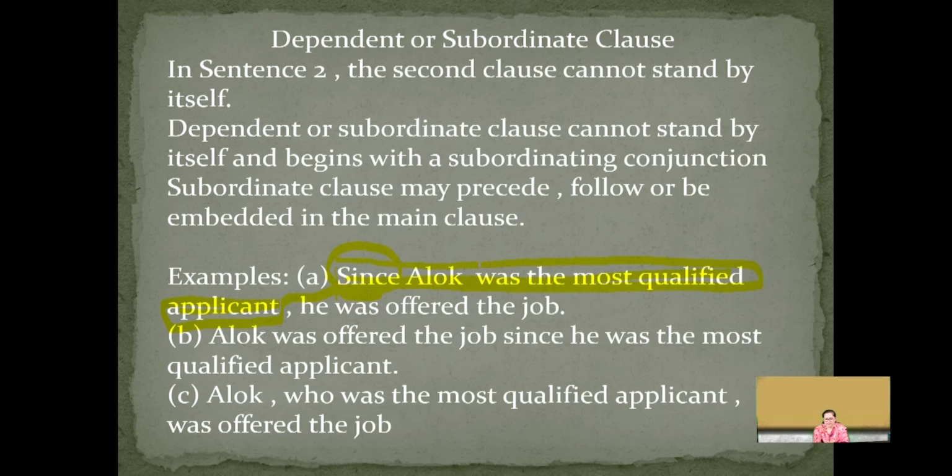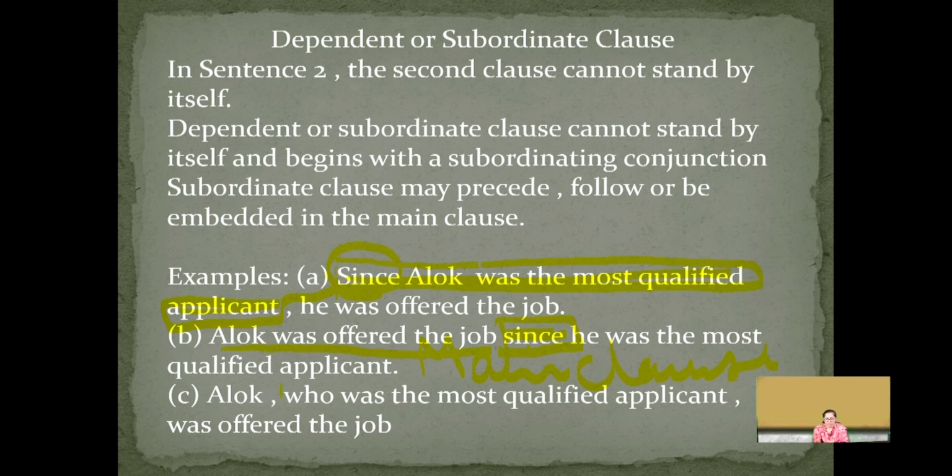In the next sentence, "Alok was offered the job," and then you have the conjunction "since he was the most qualified applicant," which again has existence or meaning because it is connected to the main clause. So here you have "Alok was offered" as the main clause, right? "Alok, who was the most qualified applicant."